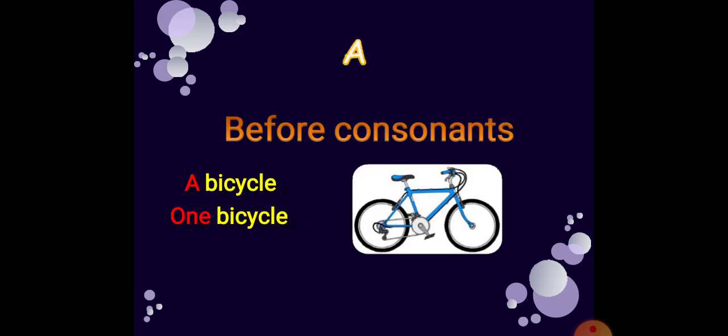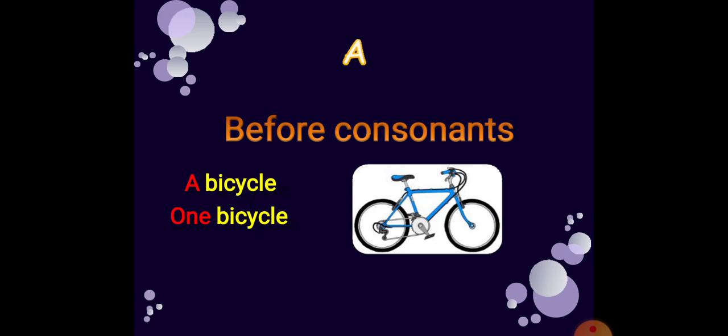We use the indefinite article a before consonants. The nouns which are starting with a consonant alphabet, we use a before these words. For example, a bicycle, which means one bicycle.